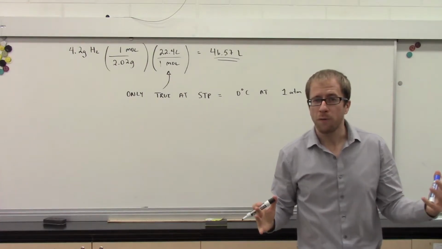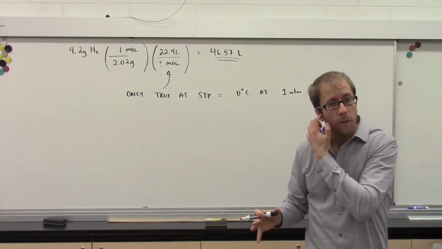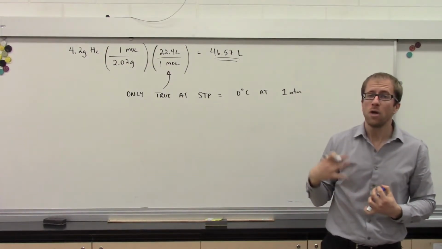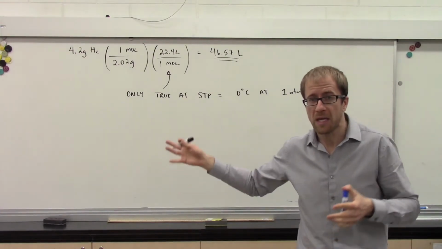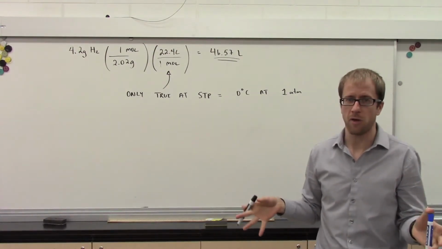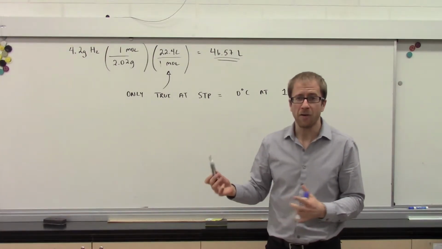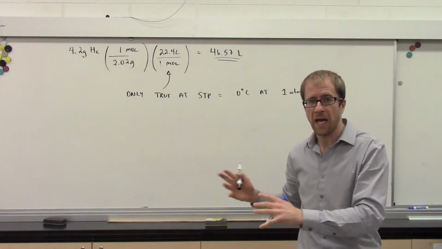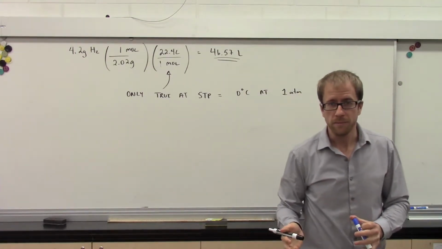What happens, though, if we have a gas that is not at STP? Well, if it's not at STP, we are going to have to convert it to STP conditions in order to do stoichiometric problems, right? Because the only conversion we have between moles and liters of gas is 22.4 liters.